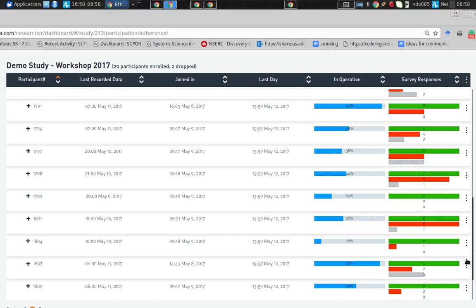Do you mind just explaining the green, red, and grey again? Sure. Green is submitted, the red is canceled. There are three: canceled, expired, and what's called done, but it's really submitted. So they actually completed and submitted it.